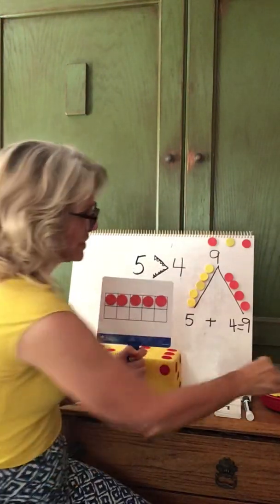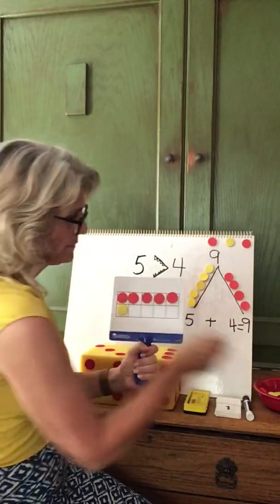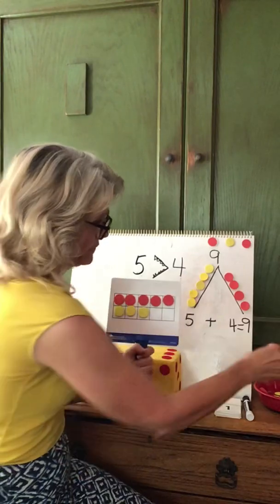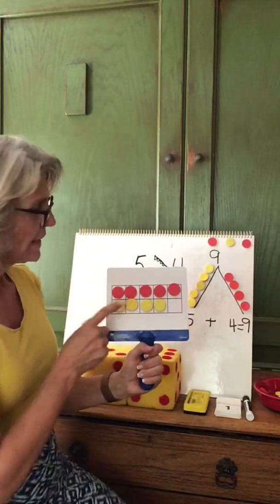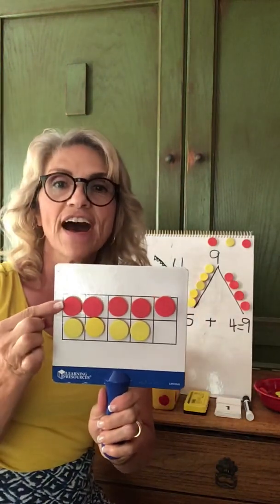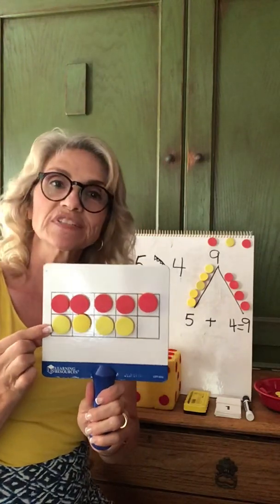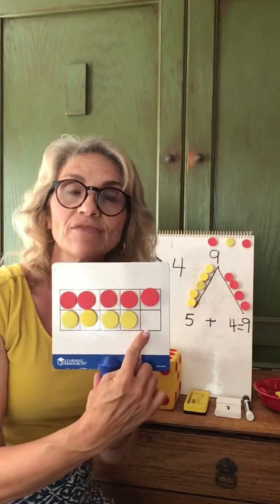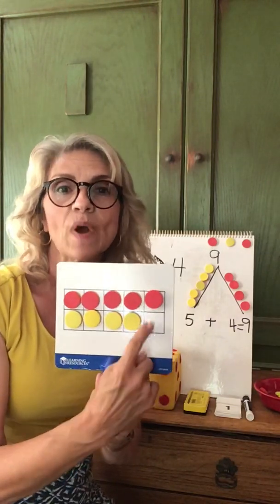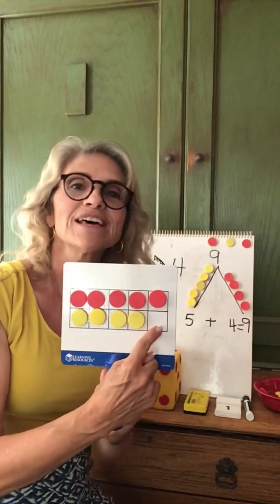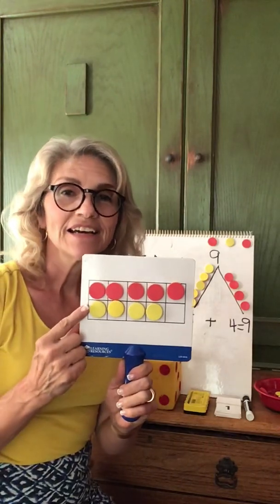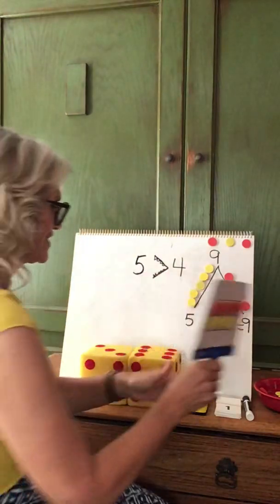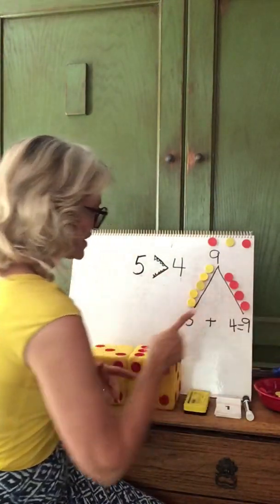And now let's do the second number. 1, 2, 3, 4. Now, pretty cool. 5 plus 4 equals 9. And I can tell without even counting how many I have left to make 10. There's one empty little box. So if I had 9, I'd need one more to make 10, right? Pretty cool. That's a neat way to look at it.